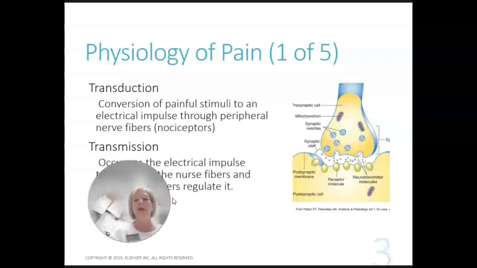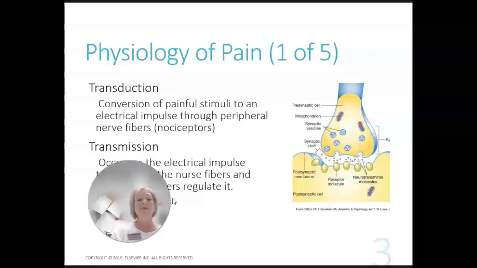It's either thermal, mechanical, or chemical. Injury releases a stimulus that causes pain, and that sends an electrical impulse through your peripheral nerve fibers, called nociceptors. That's through the periphery of the body, your peripheral nervous system, the PNS.